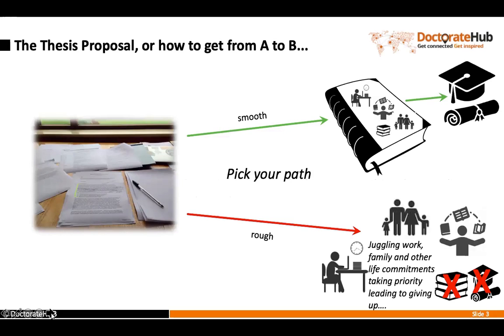Now, ideally, the way from A to B would be a very smooth one, but as we just discussed it already, time is one of the critical elements that might not allow for such.